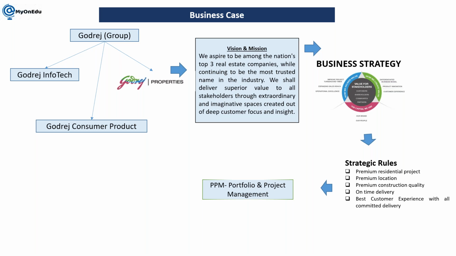So PPM we can integrate with strategic rules and with business strategies. Once you are doing more analysis, when a proposal is submitted and approved at the first stage that yes, we are going to do this project, for example if the strategic department suggests we construct one premium class residential project in Noida Sector 146, this will be analyzed: yes, in the next 10 years this area will be developed and it will really help contribute to my business organization strategies.